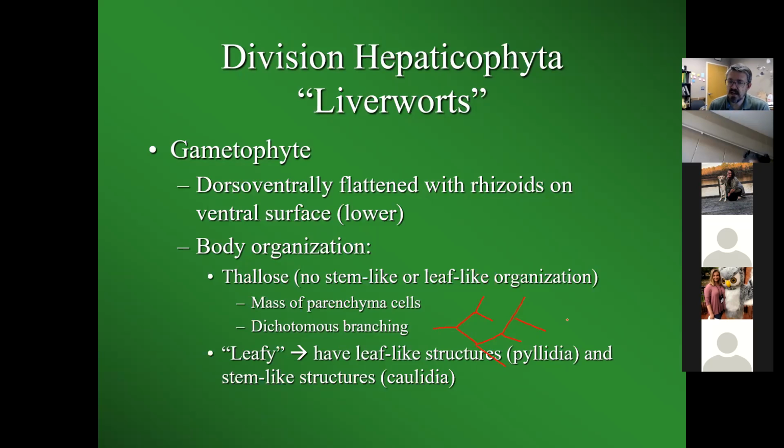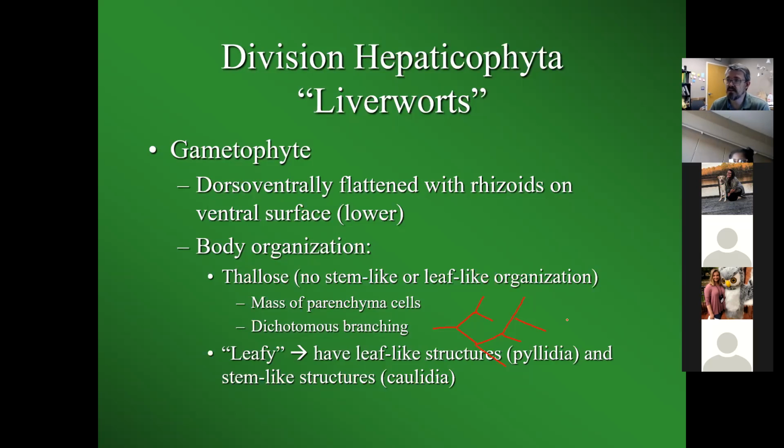And then they have another kind called the leafy liverworts that look like they have leaf-like structures. Now, they cannot be leaves because they're not vascular. So can we use the word leaf in the bryophytes? No. What we say is a phyllidium or multiple phyllidia. And hopefully this will make sense. Chlorophyll, where do you find chlorophyll?